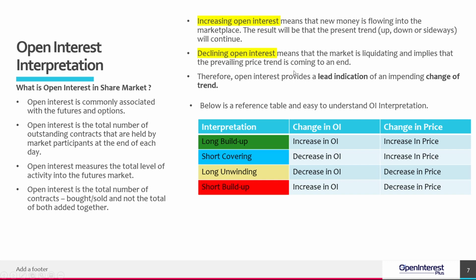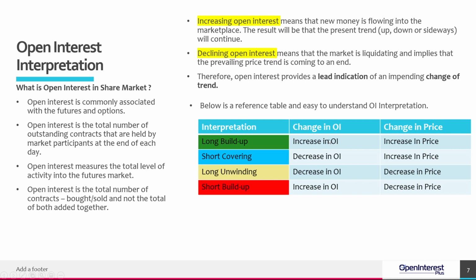When we talk about open interest, it has to be seen along with another key factor, which is price. On this table we can see two important parameters: the OI and the price. Within the OI there are two options, increasing open interest or declining open interest.